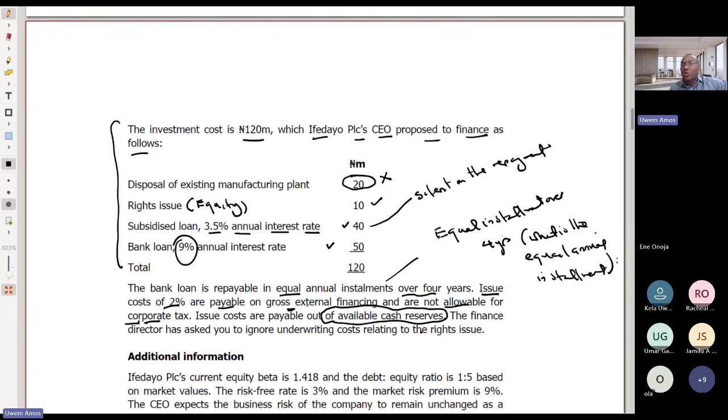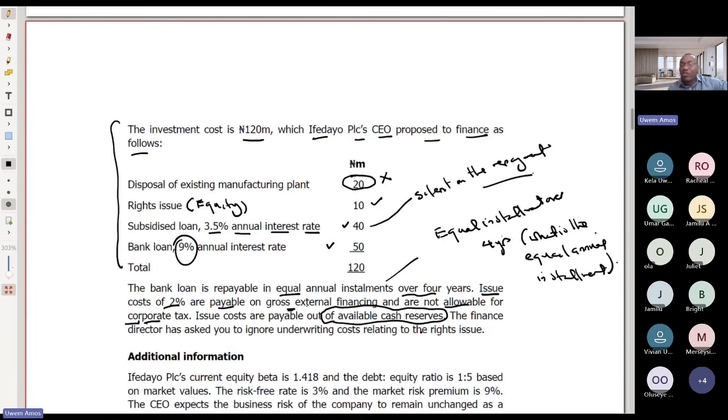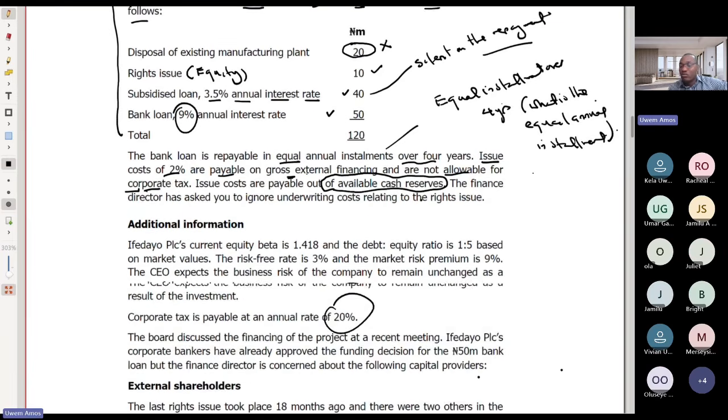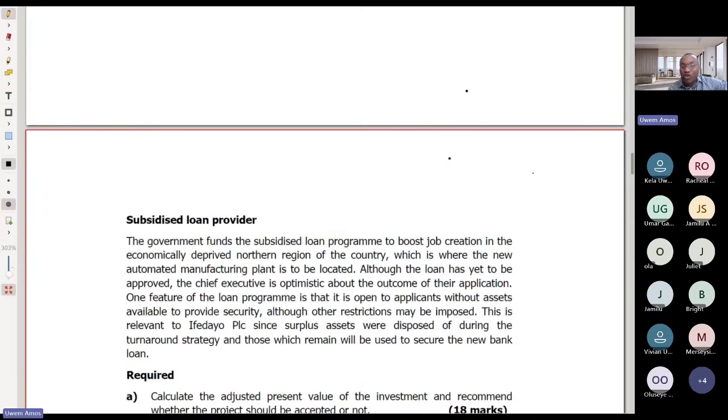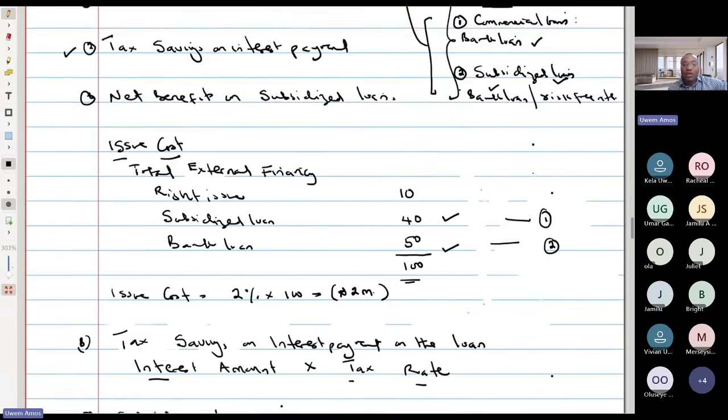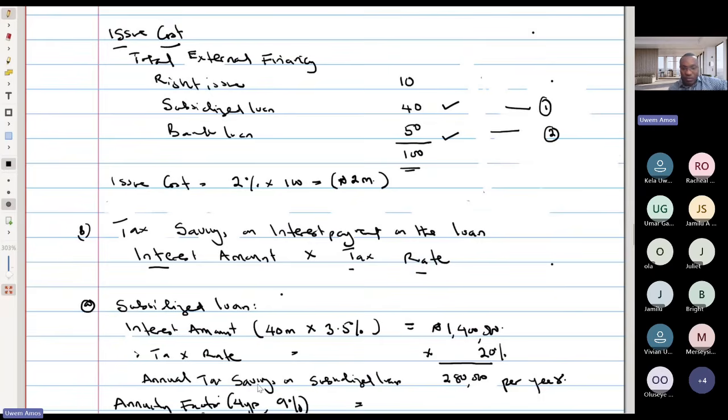Our subsidized loan, the question doesn't tell us. It's silent on the repayment plan for that. So because it is silent, we generally assume that the annual interest payment will just be the loan amount multiplied by the interest rate.